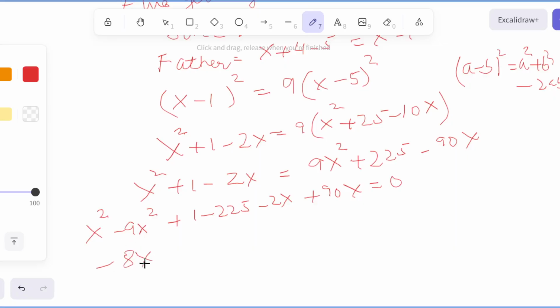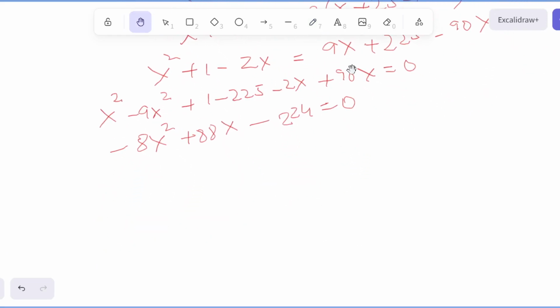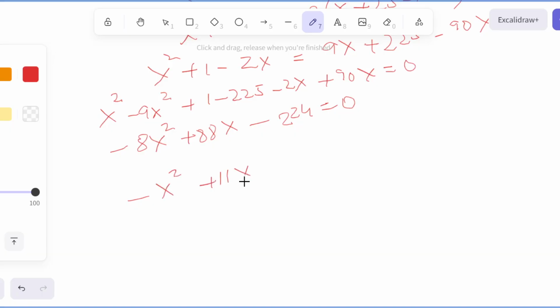So this becomes minus 8x square, and this becomes plus 88x because 90 minus 2, and this becomes minus 224, because minus is bigger, equal to 0. I think we can divide this by 8.